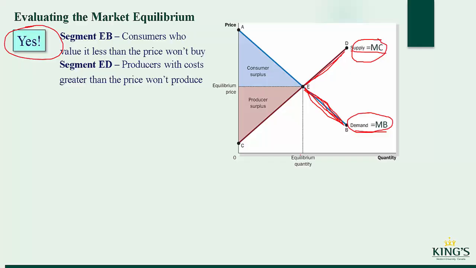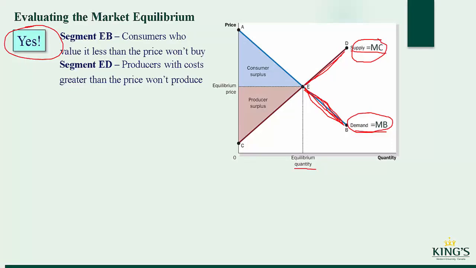It just naturally would happen that given the incentives here, there would be no more production beyond Q, because consumers wouldn't value the good enough. Remember, every point on the demand curve is measuring their benefit or maximum willingness to pay, and that's all below the equilibrium price. So none of these consumers would want to buy.